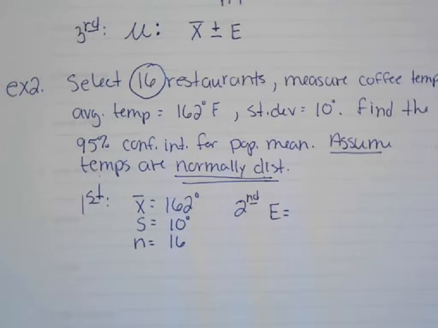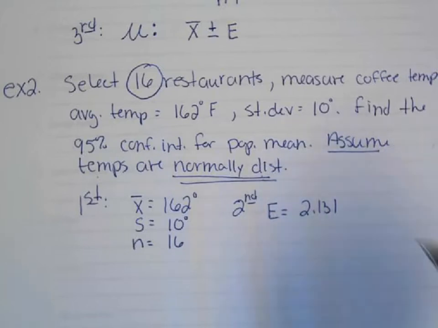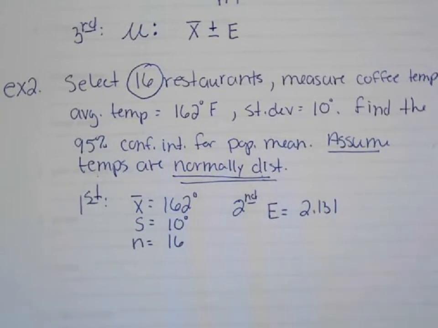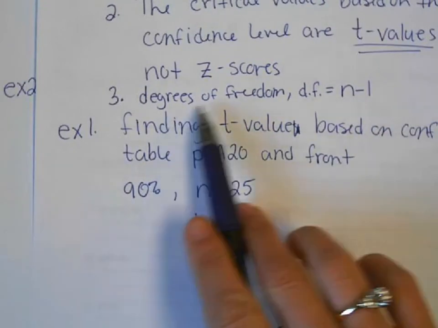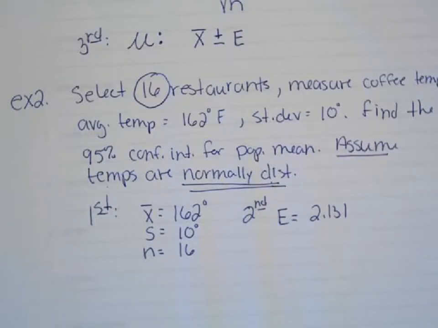It doesn't say N up there, it says DF. So we're going down to 15, and then reading over to 95% confident, 2.131. Everybody agree with that? Degrees of freedom is always sample size minus 1, so 1 smaller than your sample size.